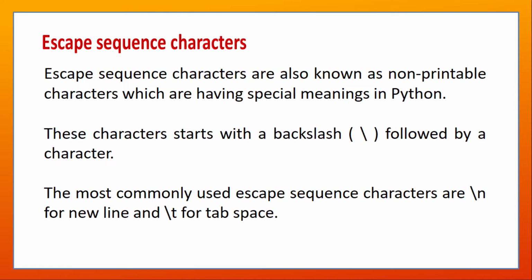Escape sequence characters. Escape sequence characters are also known as non-printable characters, which are having special meanings in Python. These characters start with a backslash followed by a character. The most commonly used escape sequence characters are \n for new line and \t for tab space.